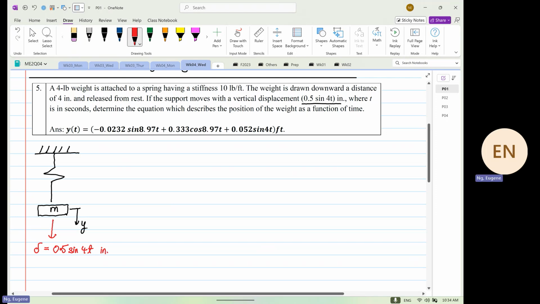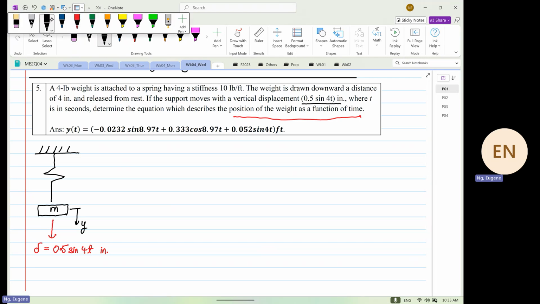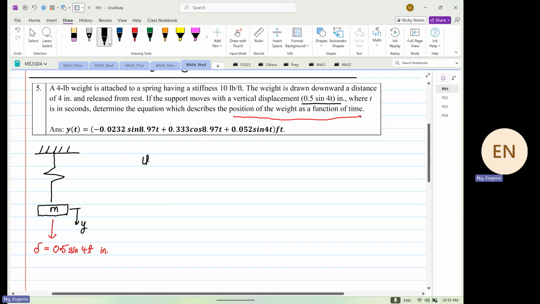The question asks us to determine the equation which describes the position of the weight as a function of time. What we know so far is that this is an undamped system.